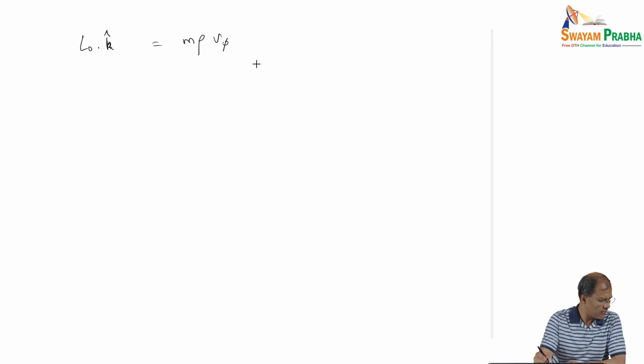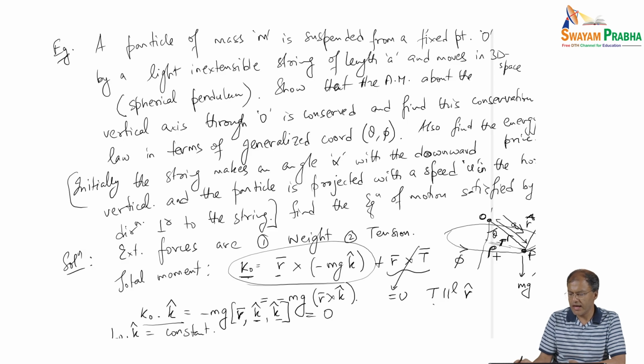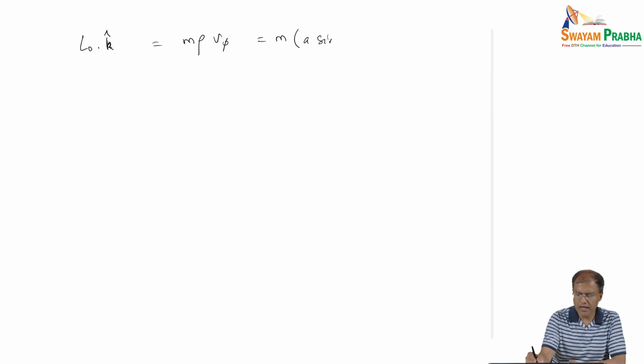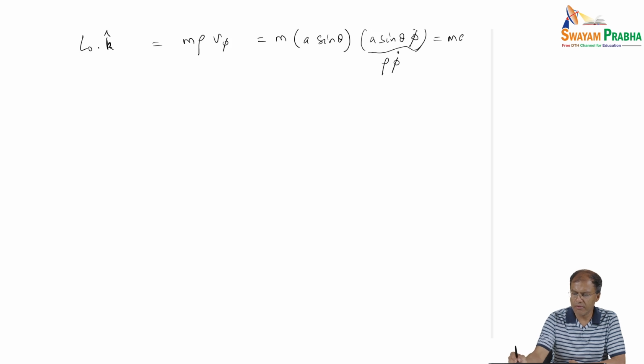By geometry, rho is a sine theta, and v phi is rho times phi dot.